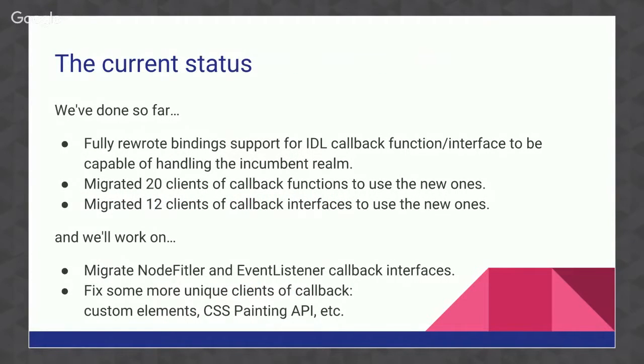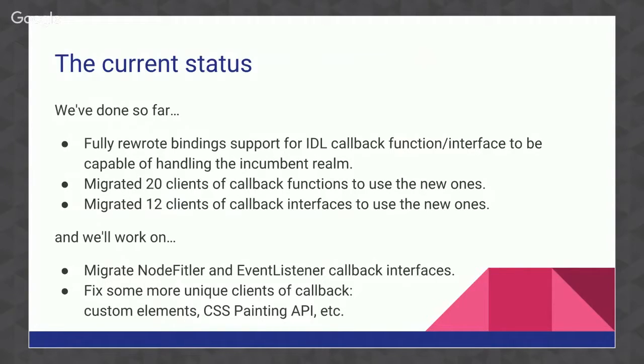And the current status is that the binding team has already re-implemented all the IDL callback functions and callback interfaces. And for use cases, we have already fixed 20 use cases of callback functions and 12 use cases of callback interfaces.